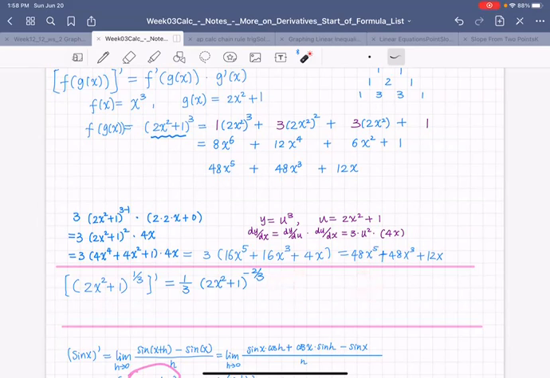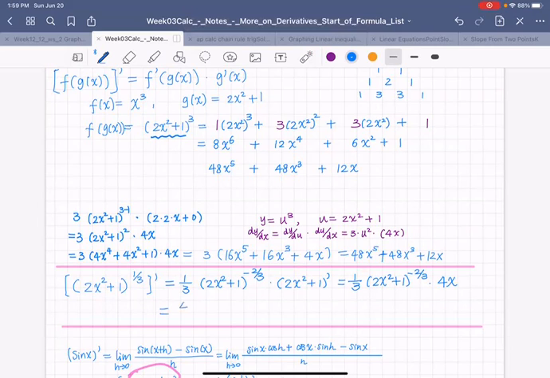Very good. We need to multiply by the inner layer's derivative. So we get 1/3 times 2x squared plus 1 to the power -2/3 times 4x.